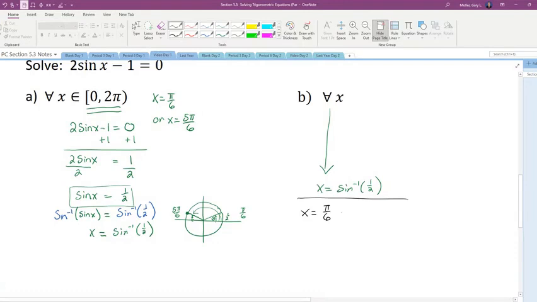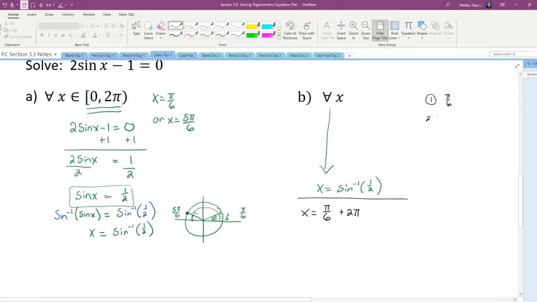So how do we get all of the other answers that are in the same location as pi/6? Well, if we go around the circle again, if I add 2 pi to that, I'll get another answer. So let's keep track. One answer was pi over 6.